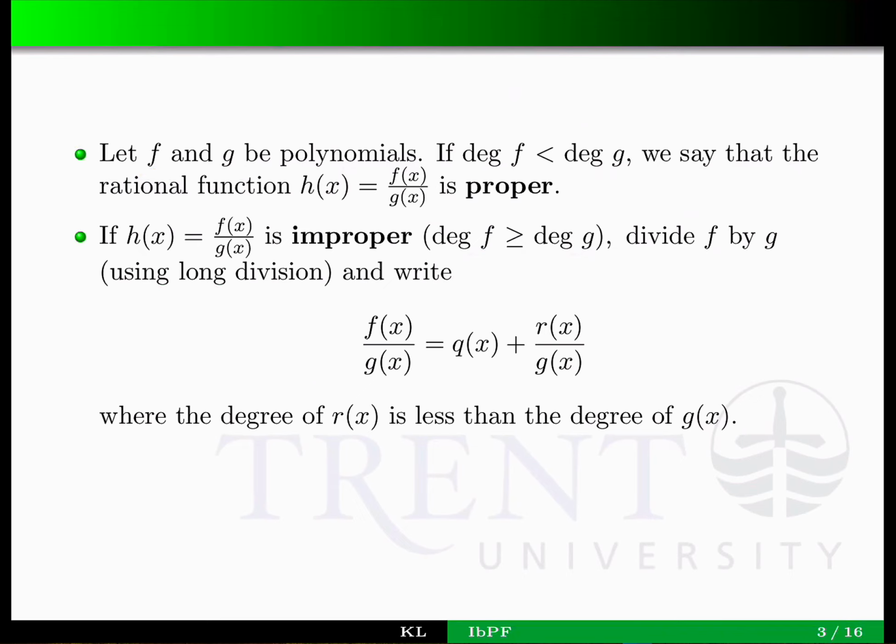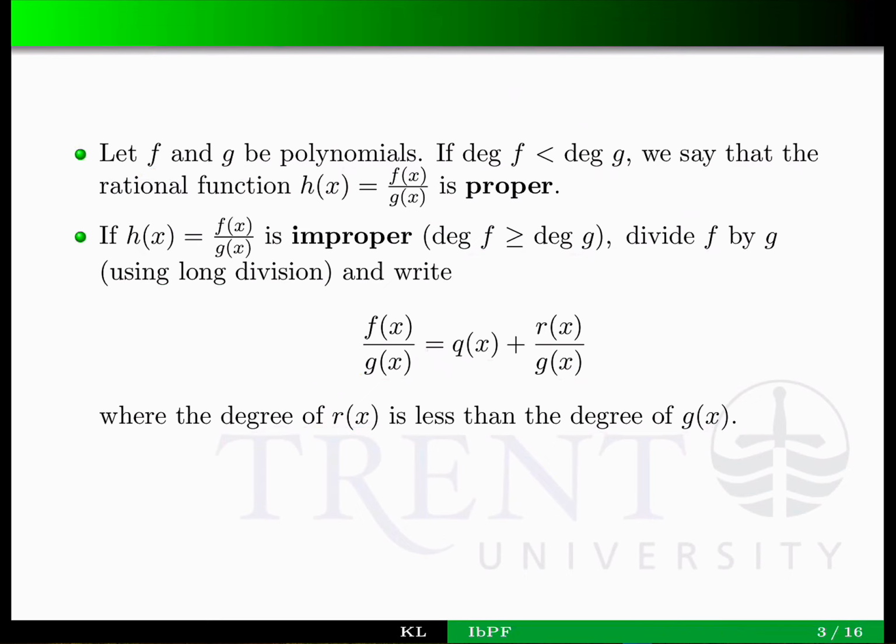But if we actually divide f by g, then f over g can be written into another expression. Let's write it of the form q of x plus r of x over g of x, where the degree of r of x is less than the degree of g of x, or possibly r of x is equal to 0, meaning we only have q of x after the division.